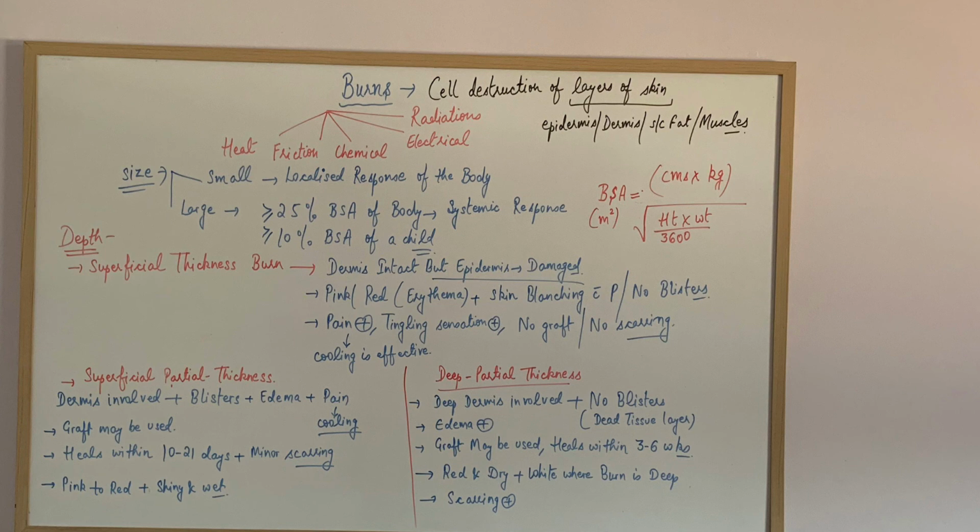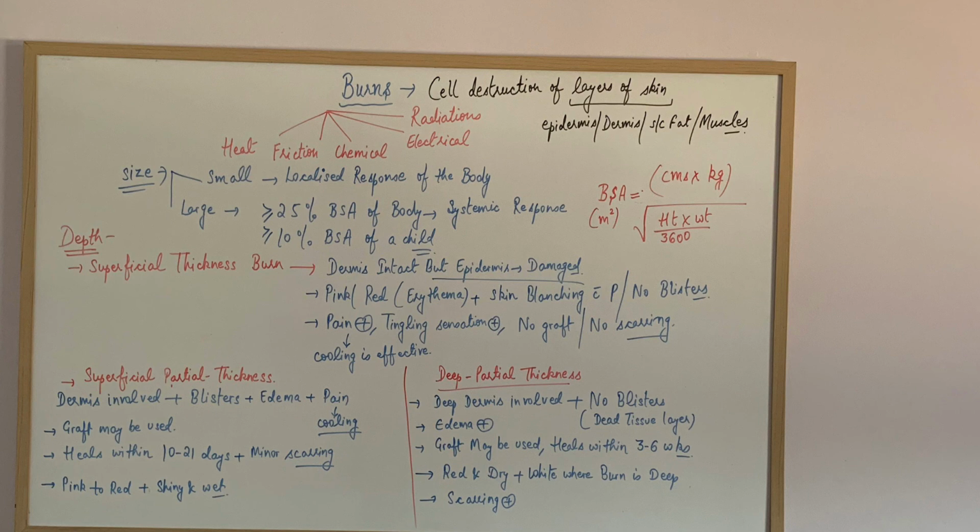And let's move on to the superficial partial thickness burn. In this case there will be involvement of the epidermis, plus some deep injury to the dermis. The whole dermis will not be involved, but a part of the dermis will be. Because the dermis is involved, it will lead to blister formation, there will be blisters.